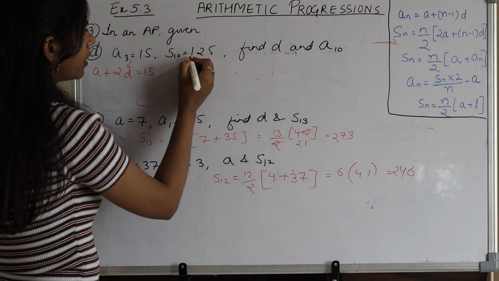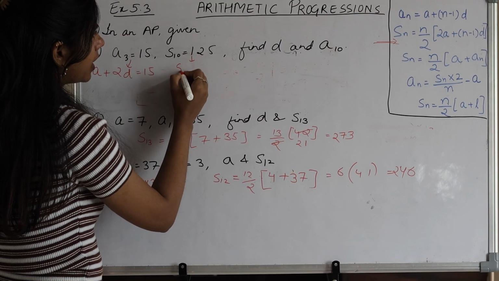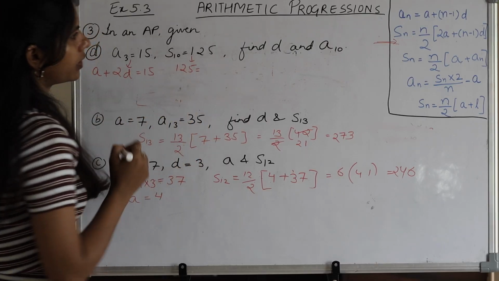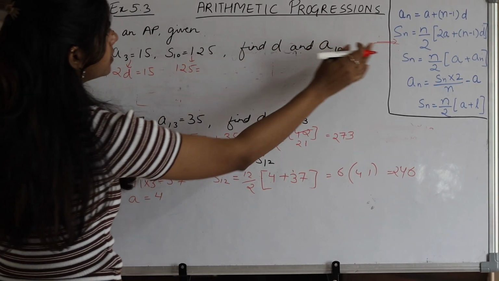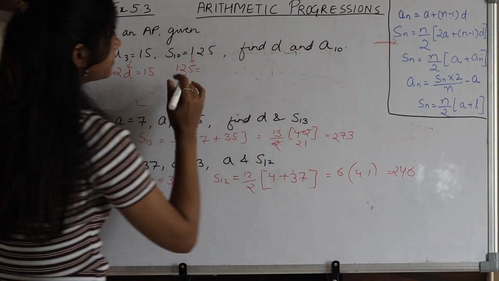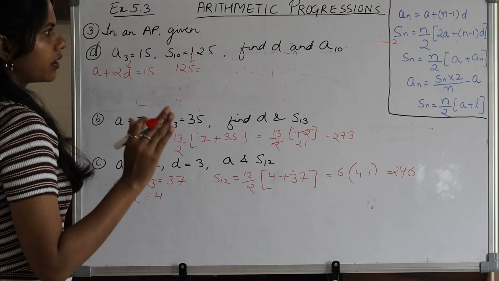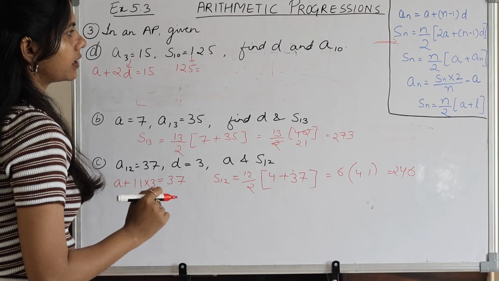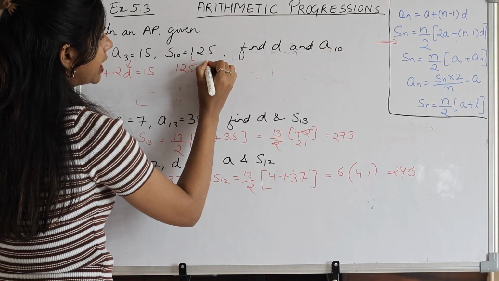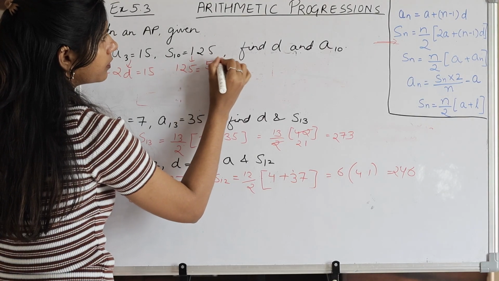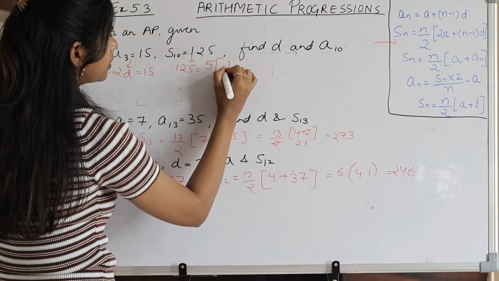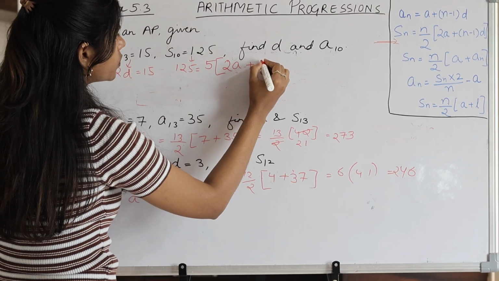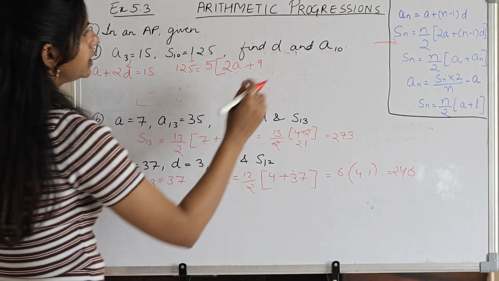And S10 means 125 equal to, since we don't have the value of a and d, we are using this formula: n by 2, 10 by 2 is 5, into 2a plus n minus 1, n is 10, so 9d.